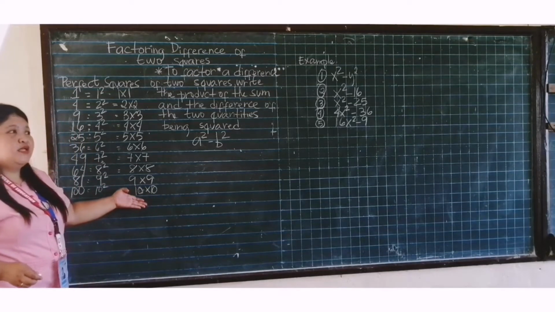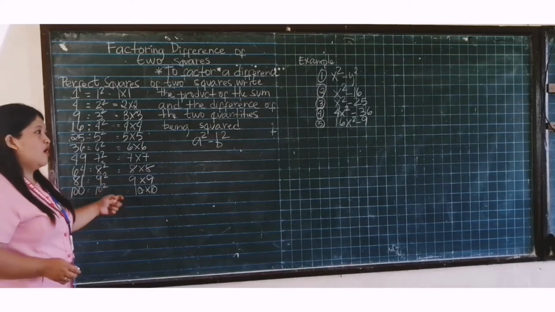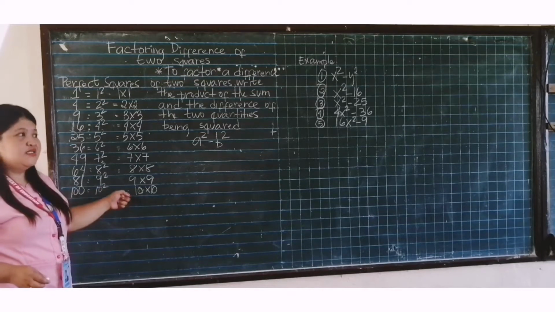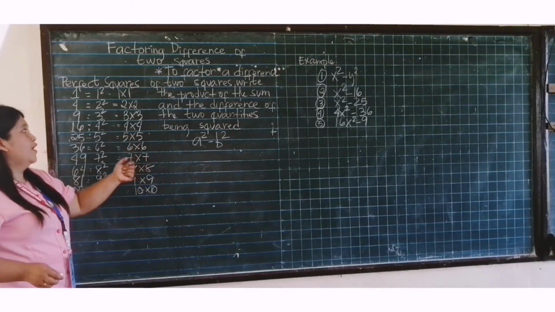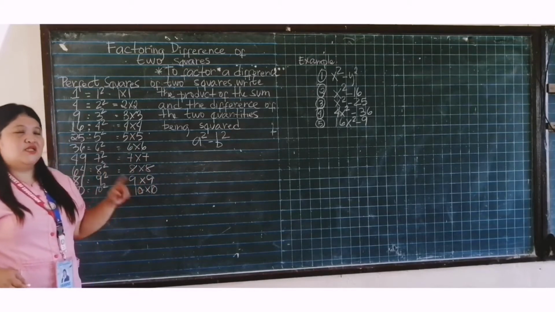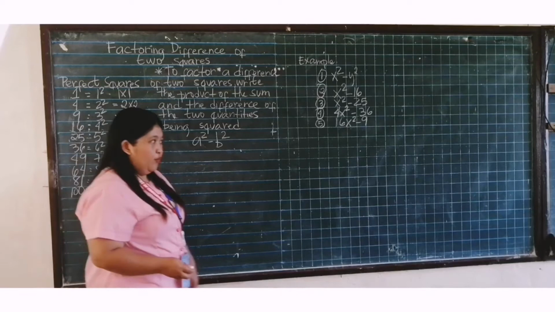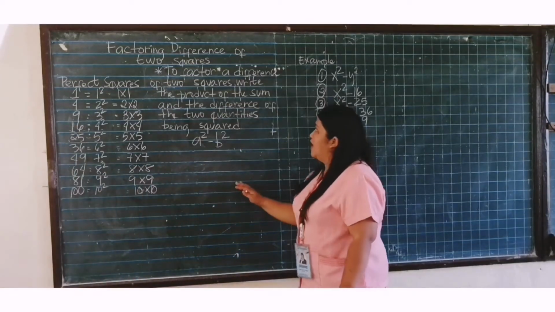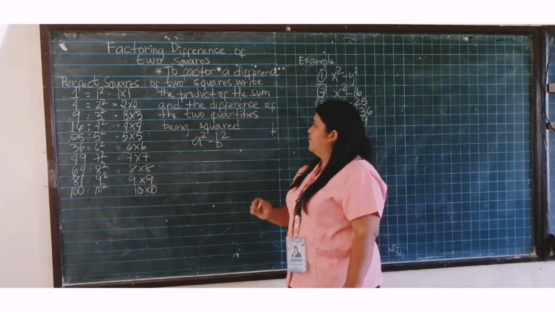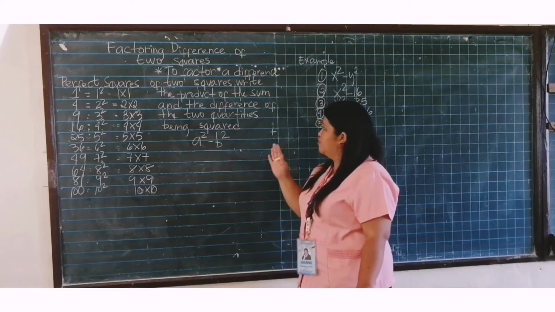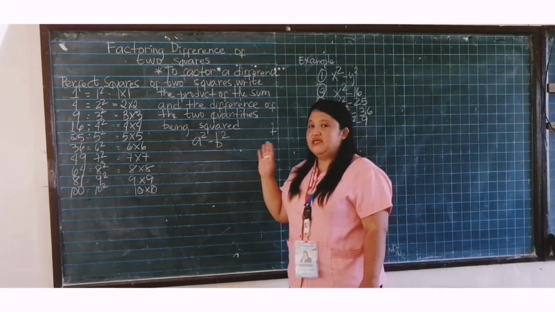Now, why do we need to know the numbers that are perfect squares? Because these numbers will help us factor polynomials using the difference of two squares. To factor a difference of two squares, write the product of the sum and the difference of the two quantities being squared.